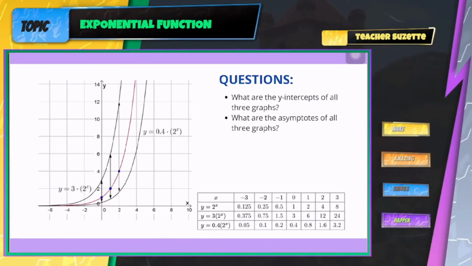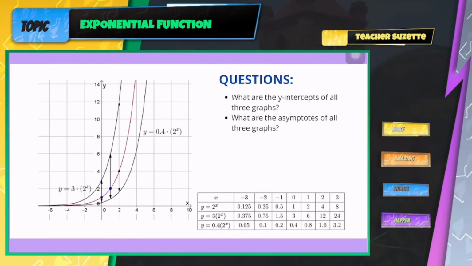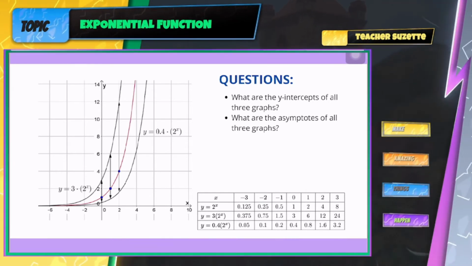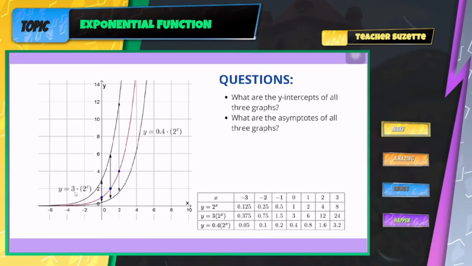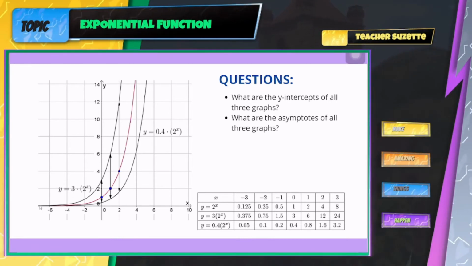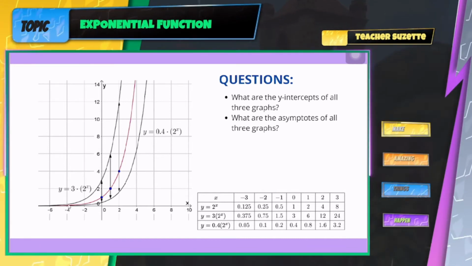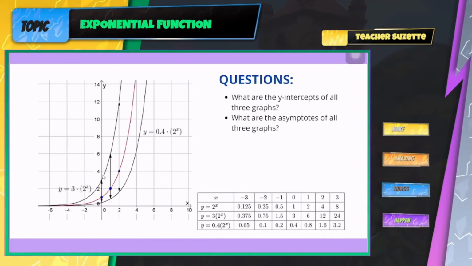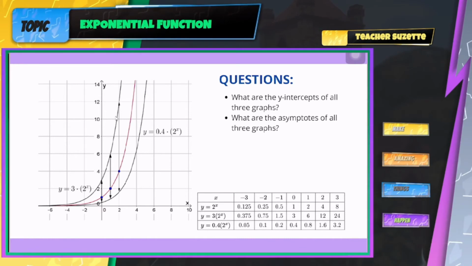So, kung titingnan po natin yung kanilang mga graph with respect to our y is equal to 2 raised to x, mapapansin po natin for y is equal to 3 times 2 raised to x that as our x increases or approaches positive infinity, ganito po yung naging behavior ng ating y values.